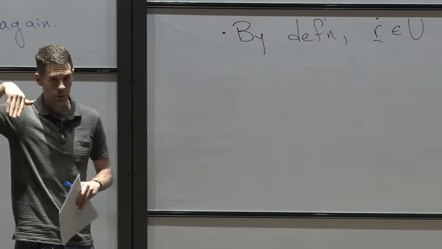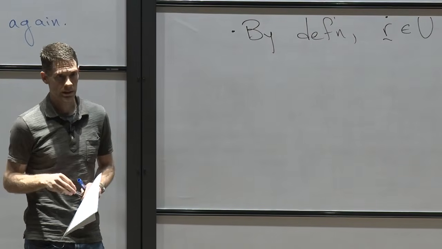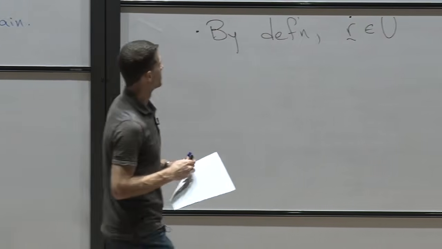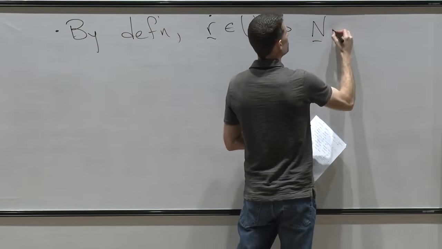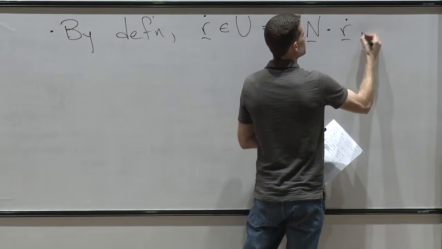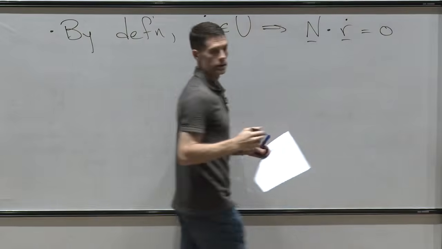Its velocity vector points tangent to the surface U, which means that N dot r dot is 0.